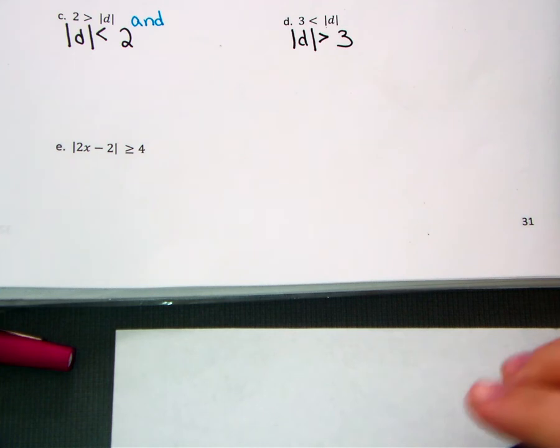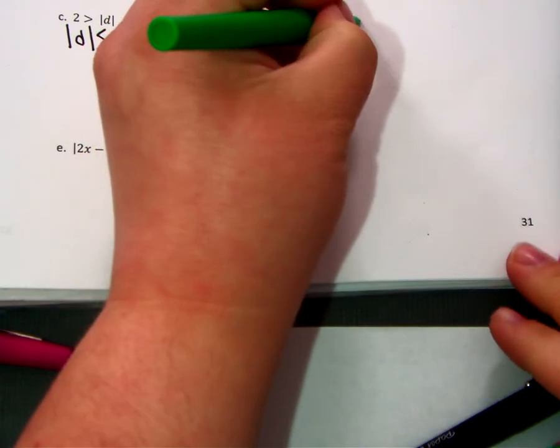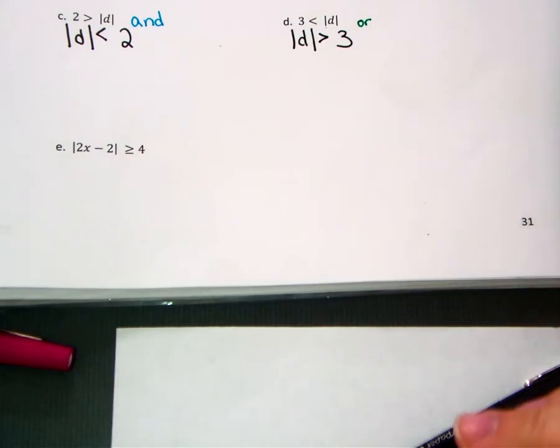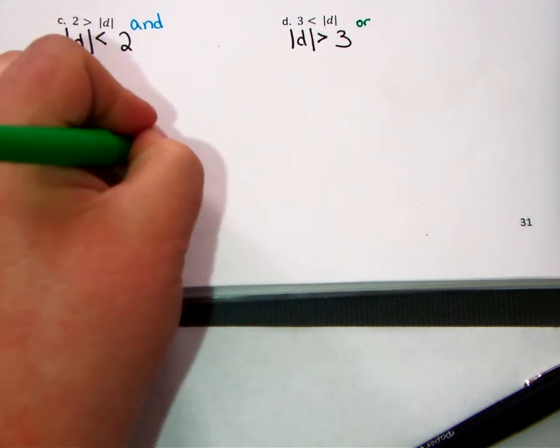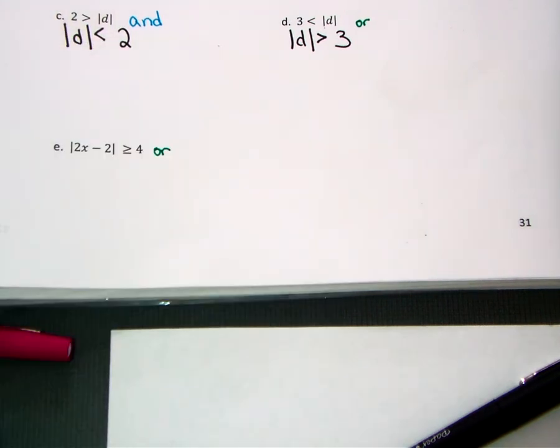So this is an or inequality. How about E? E has the absolute value of 2x minus 2 is greater than 4. So this is also an or problem. This trick will only work if you have your absolute value alone and on the left-hand side.